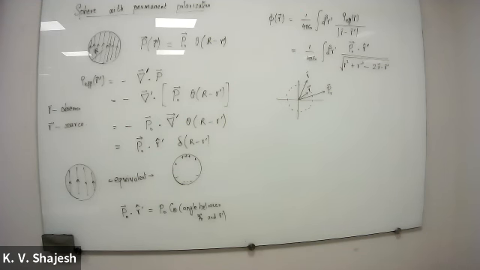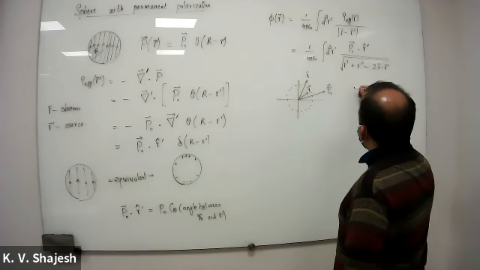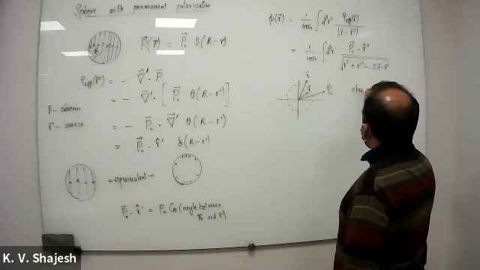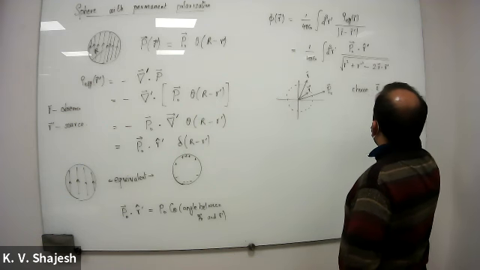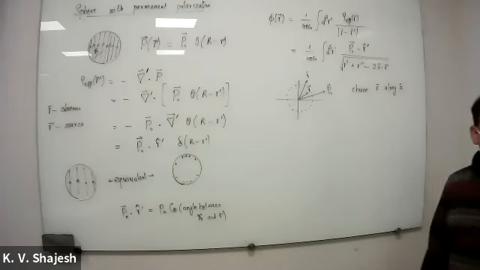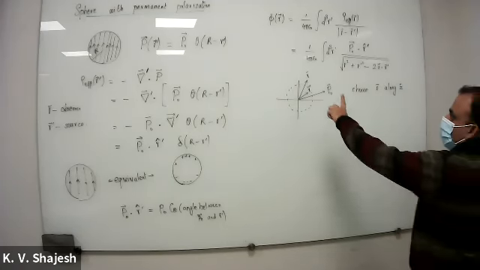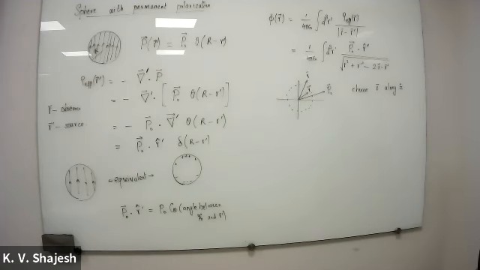So let's choose, just for simplicity, R along Z, or your Z hat to be along R. So you choose your Z axis to be along the R hat.